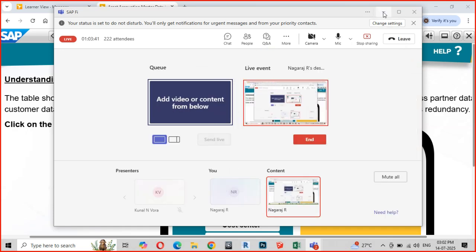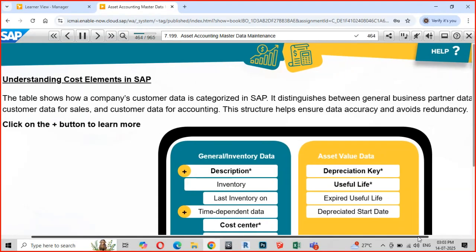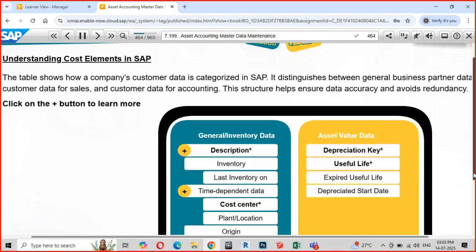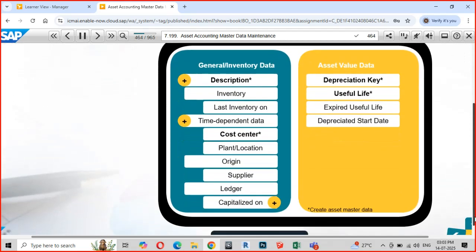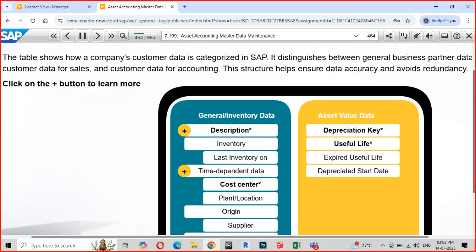So now moving on. Understanding cost elements in SAP. What do you understand by cost elements? And how does SAP understand what is a cost element? Now, you have the concept of allocation and apportionment in costing, right?